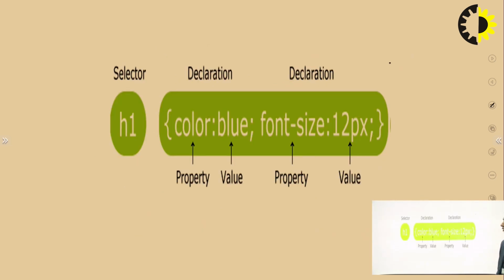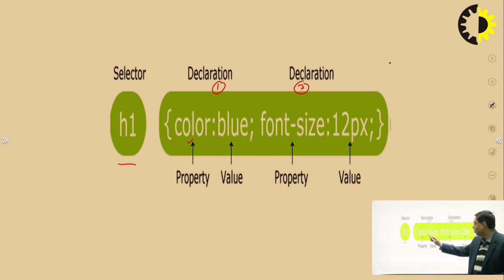Next, this is basically the syntax of writing CSS. First we write a selector. Here the selector name is h1. It is an HTML tag. Then we have multiple declarations. This is declaration 1. This is declaration 2. In a declaration we have a property as well as a value. The name of the property is color.